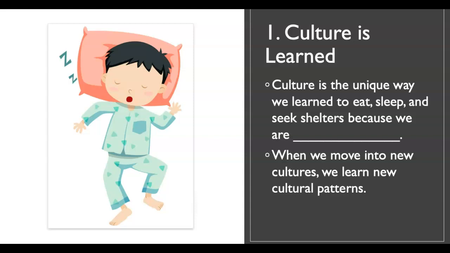So, for instance, in the United States, we tend to eat with our fork and knife, whereas maybe in Japan, we eat with chopsticks. And in Thailand, we eat with a fork and spoon. So the way we eat is something that we learn, that was taught to us by our parents, and we pass it on to our children.